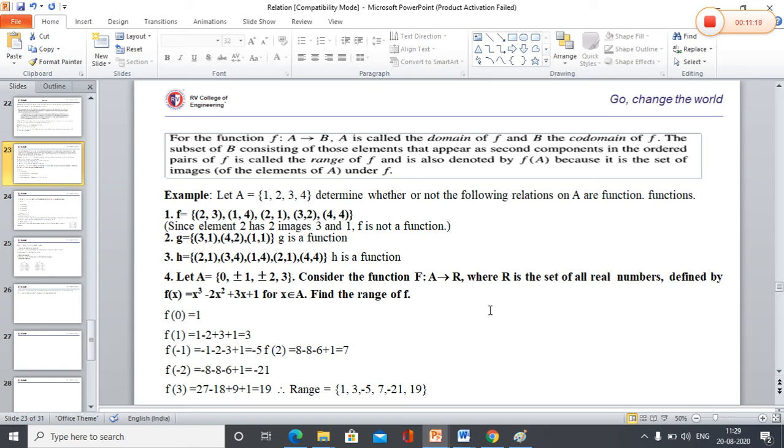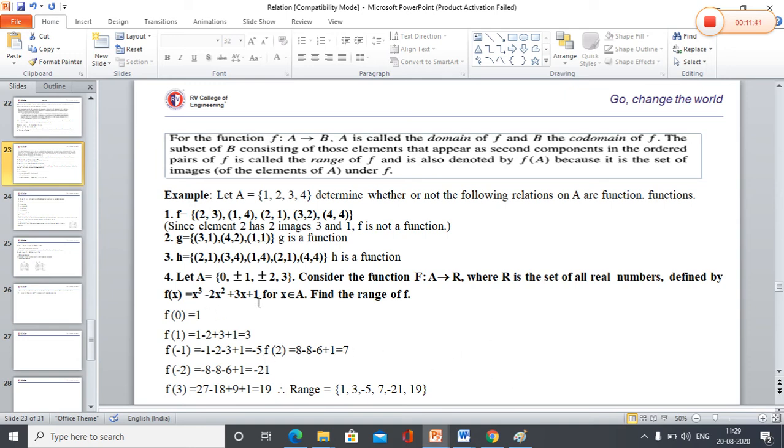So the range, I told you, see these are the elements. If I substitute 0 here, what will be the value? This will be f(0). Then if I substitute plus 1, that will be f(1), then f(minus 1), then f(2), f(minus 2) and f(3) I have to find, and whatever results I get, that is going to be my range.